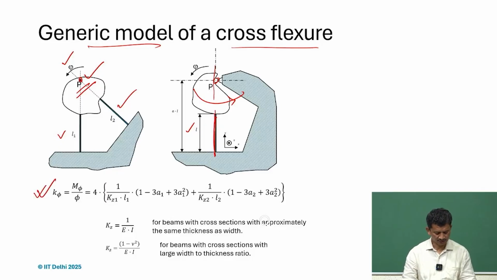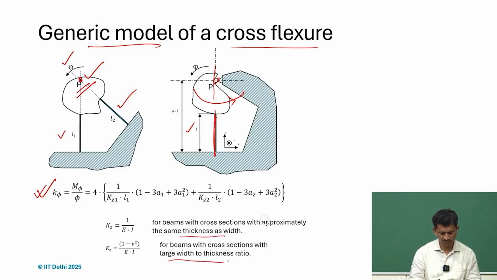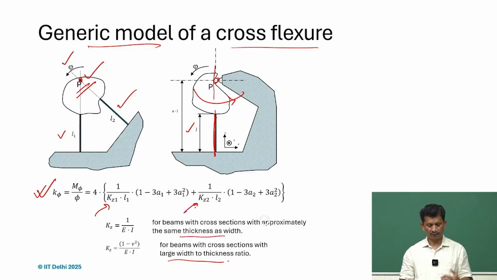Depending on whether we have a large width to thickness ratio or the same thickness as width, the compliance factor will be different. If we need to calculate the stiffnesses for different kinds of flexures, we can always refer to the literature, find the details, and calculate. So this is the generic model.